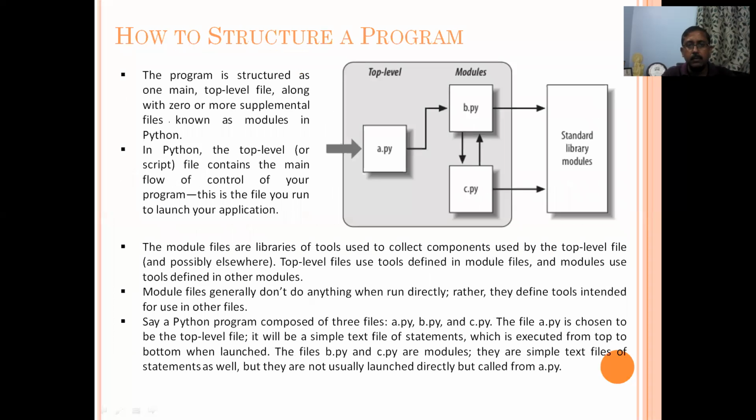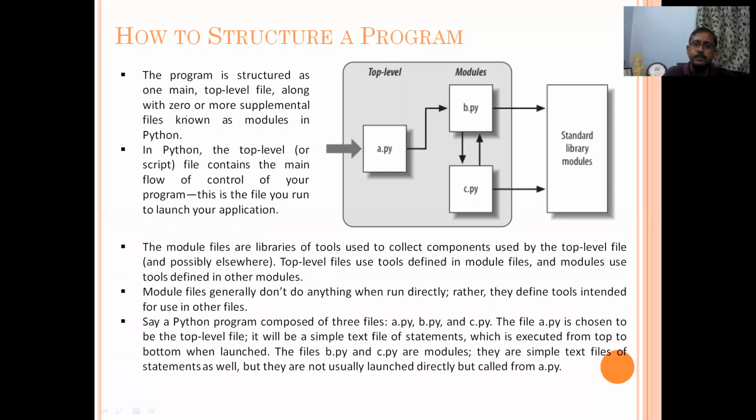Now, let's try to understand how you can structure a program. In C or C++ programming, we have seen how it works. There is a main entry function, which gives an entry point to the program. But how can you implement a similar thing in Python? Very simple.